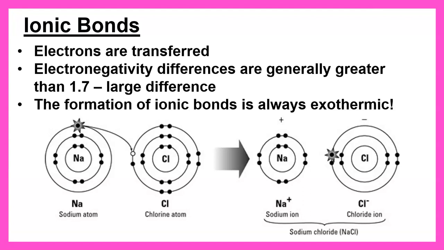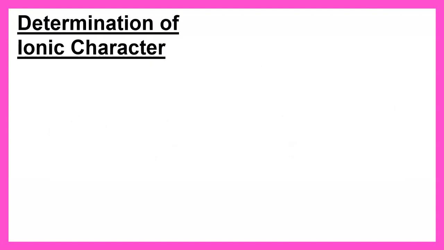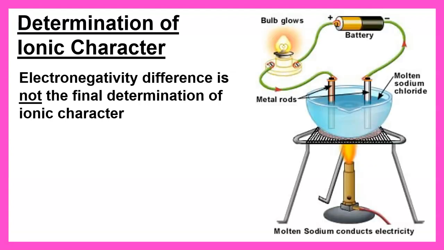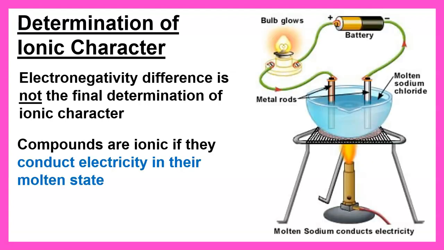Another thing that's important is that you understand that it is not just the electronegativity difference that decides if something is ionic. Their characteristics come into play as well. You have to have a large electronegativity difference, and the compound, when it's in a molten state, meaning you've heated that solid up and now it's hot enough to be a liquid, needs to be able to conduct electricity.